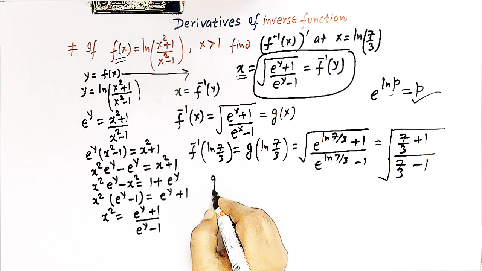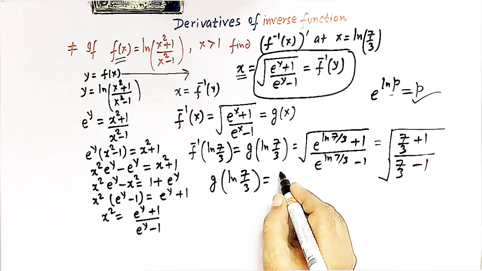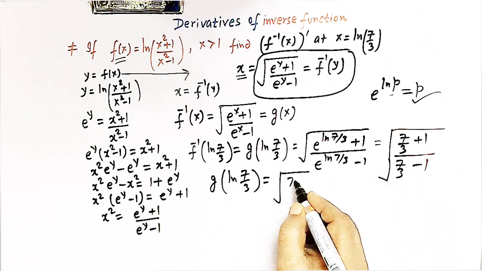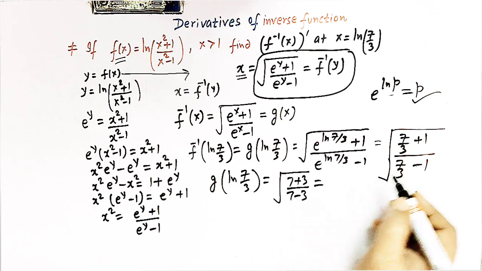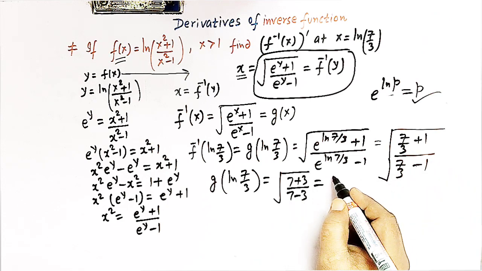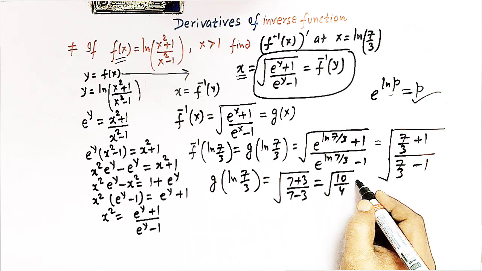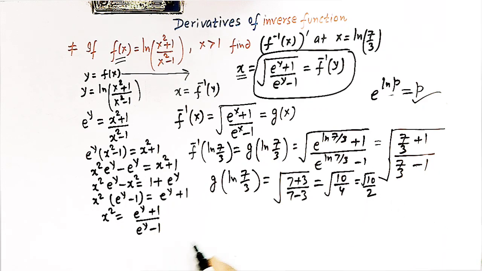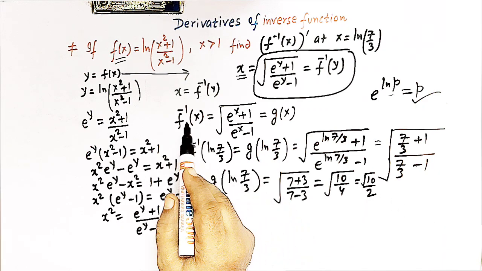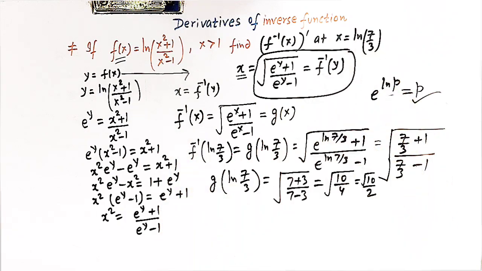So now we can write g of natural log of 7 over 3 is equal to square root of (7 plus 3) divided by (7 minus 3), and this 3 and this 3 get cancelled, so we are left with 10 over 4. So this is square root of 10 divided by 2, right? So now we have obtained the value of the inverse function at this point, that is natural log of 7 over 3.